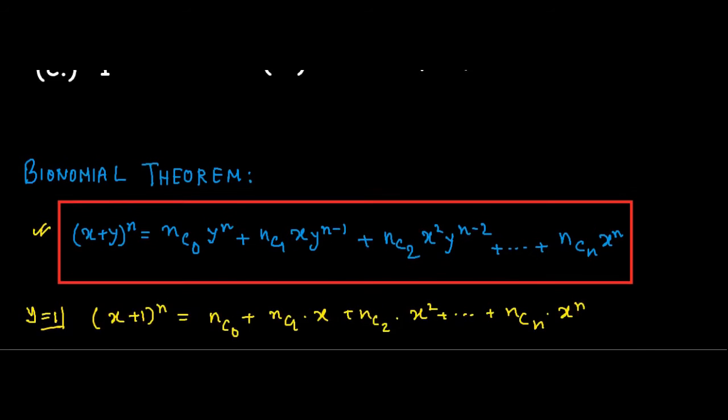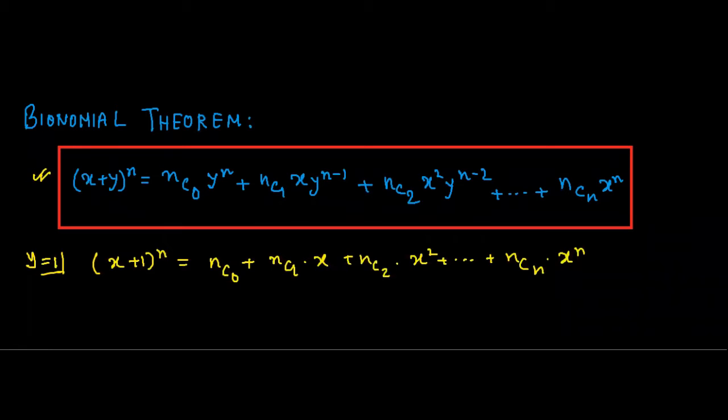Now, the binomial theorem is true for any x and y because it's an identity, and since it's an identity, we can take x and y to be complex numbers. So we can even put x as a complex number.